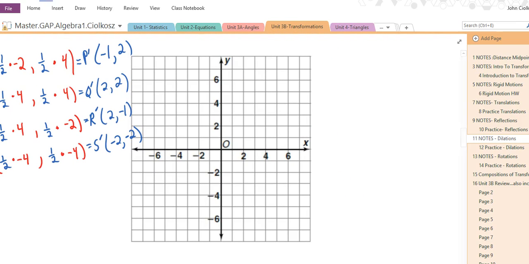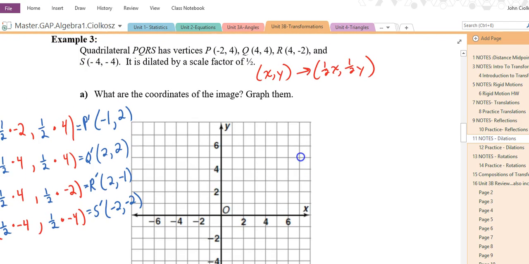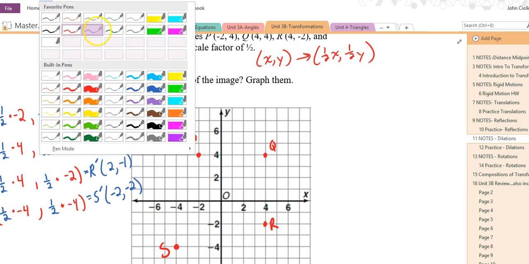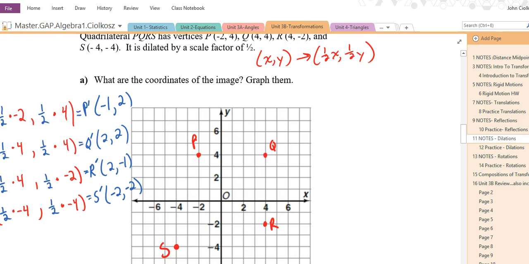Alright, so let's go ahead and plot our original here in some red. Okay, so I have P, negative 2, 4, Q, 4, 4, R, 4, negative 2, and S, negative 4, negative 4. Then my blue here is going to represent that new one we found.